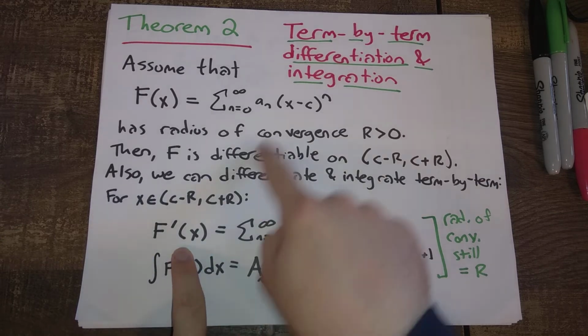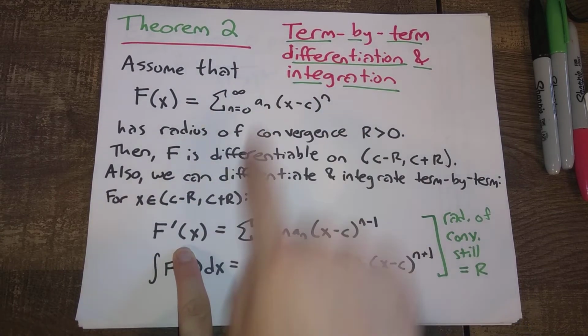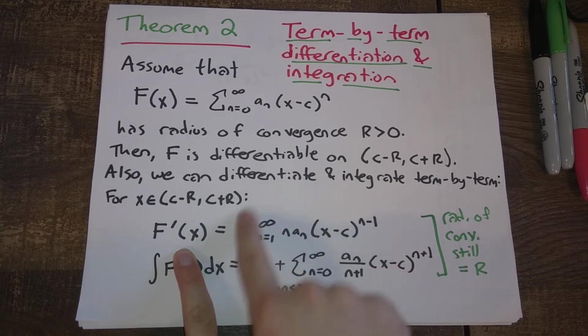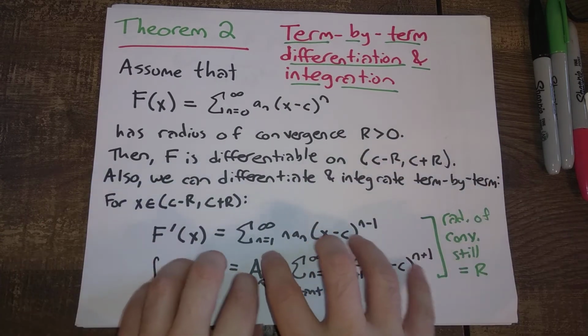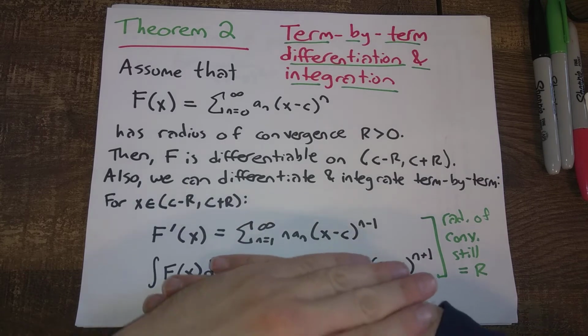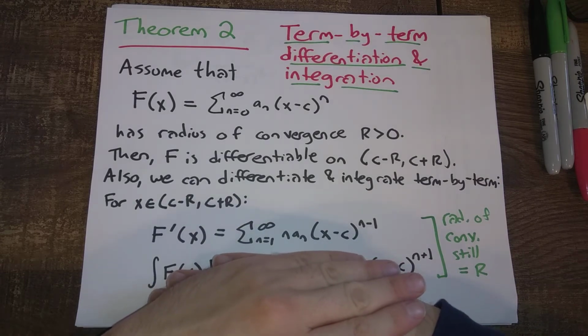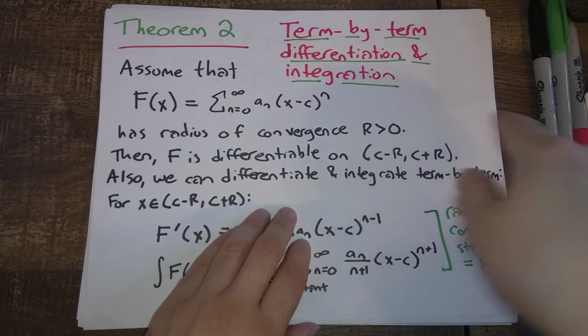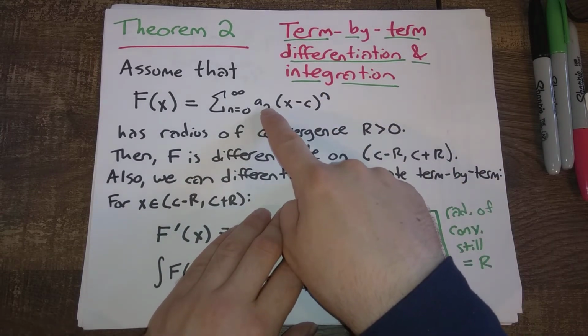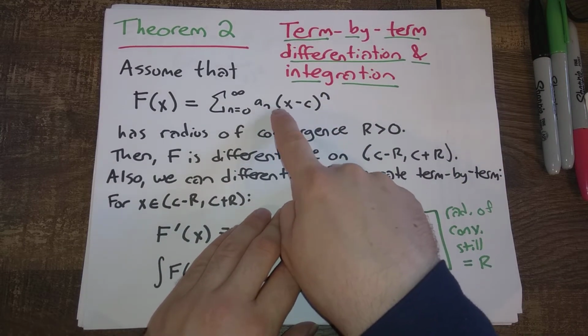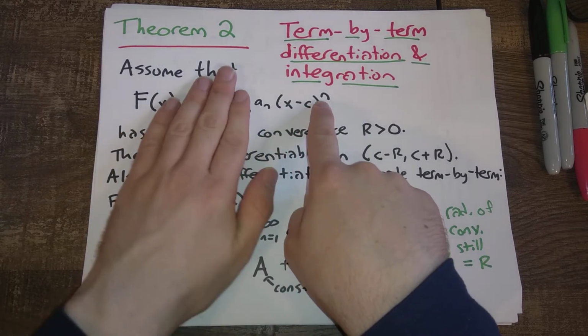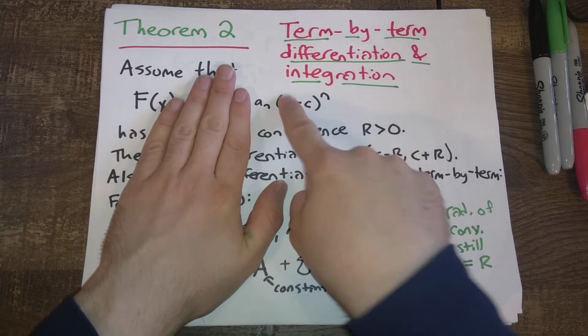So if we want to take the derivative of this, here is the derivative, and this might look complicated, but let's look at the derivative one right now. It really is just taking derivatives term by term. So we have a constant times x minus c to the n. How do we take the derivative of this?